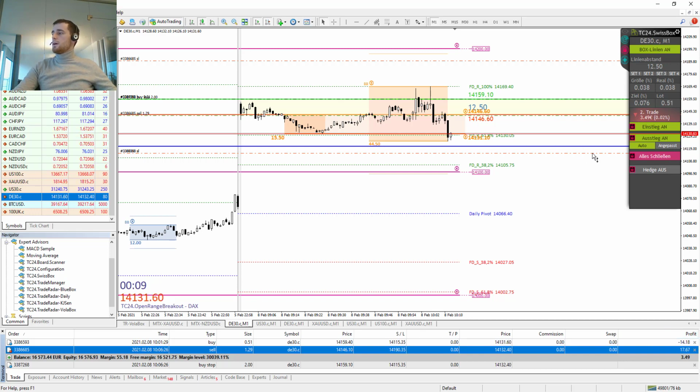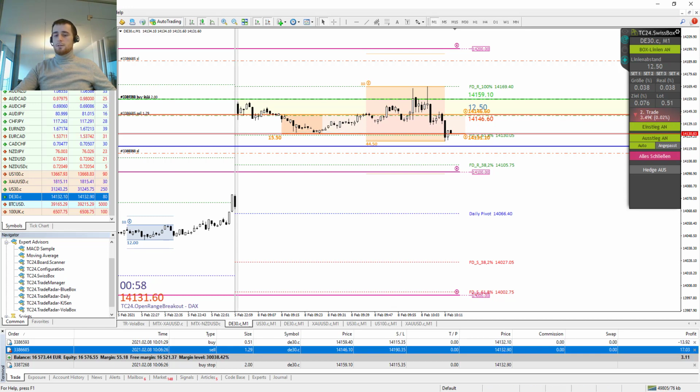If you can see that the market is going to change direction at any time, we can just unlock the buttons here and we can click close all at whatever the price may be at that point.